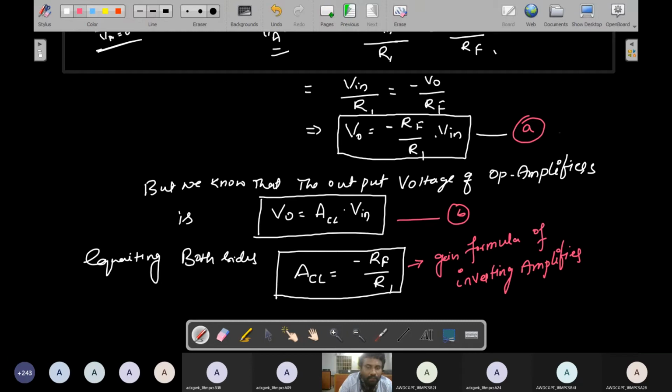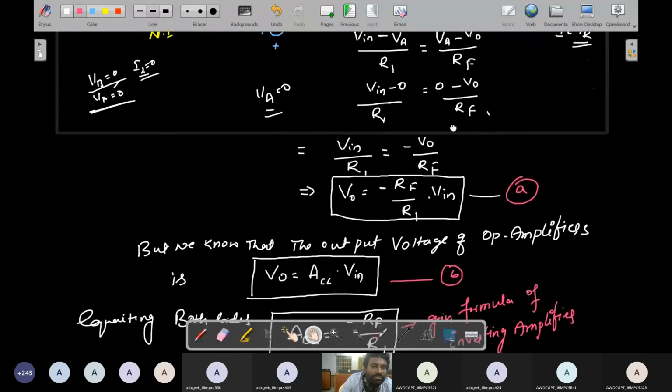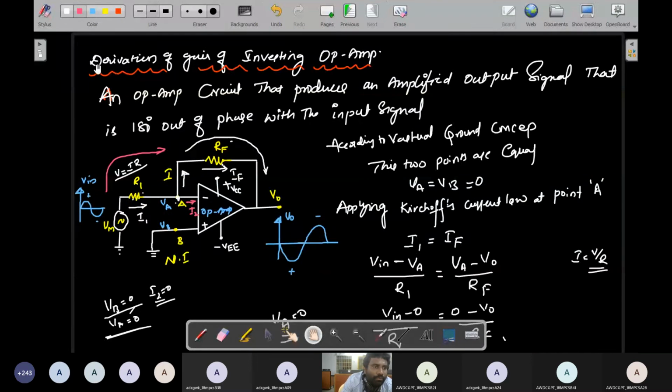I derived this equation by using the virtual ground concept. See, once again I'll move this page. Our aim in this experiment is to derive the gain of the inverting op amp. The definition of an inverting amplifier is an operational amplifier circuit that produces an amplified output signal that is 180 degrees out of phase with the input signal.